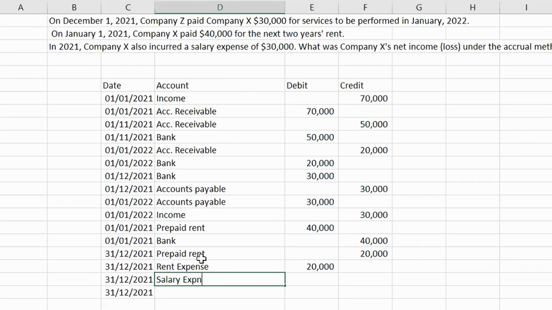Don't worry about the name, but at the end it's an expense. Salary 30,000. Credit or debit? Debit, the nature of expenses. Perfect. Debit. And where should I credit? What's the credit, guys? Bank. Yeah.